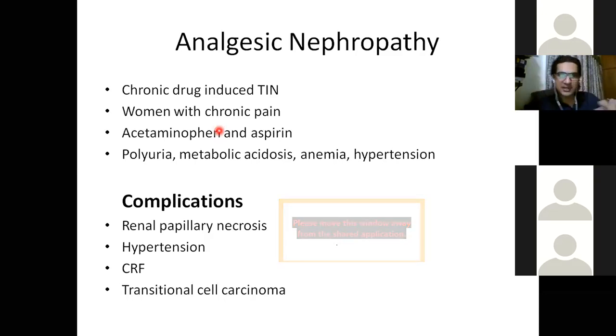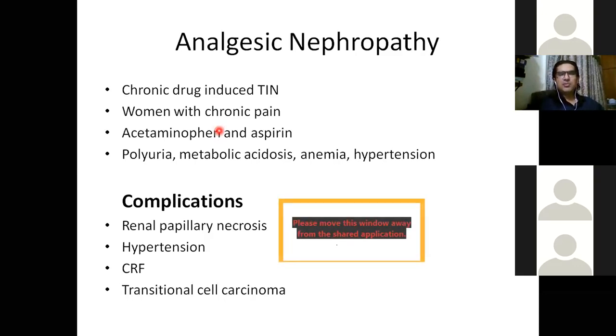And so the typical scenario would be a patient will come to the clinic, not the emergency department, and the patient will say that they are producing more urine, that is polyuria. And the patient will also tell you that he or she has a chronic pain disease for which they are taking aminoglycosides, they are taking acetaminophen or aspirin, right?